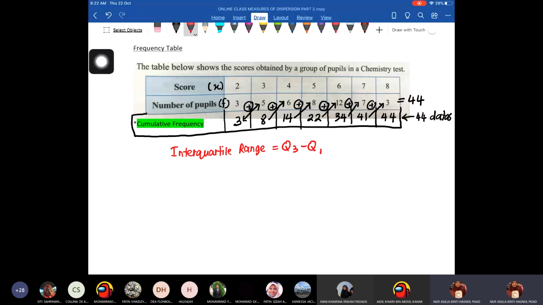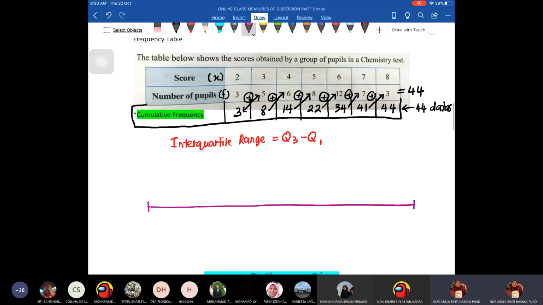Okay. So I will do a timeline for you to better understand. Saya akan buat timeline. Okay. I have the first data and then I have 44 data. In the middle, saya akan pecah dua. You will have two sets of data. Because there are 44, you don't have a middle data.